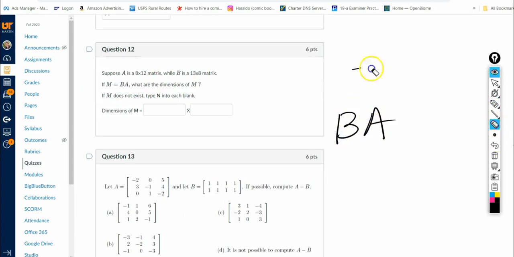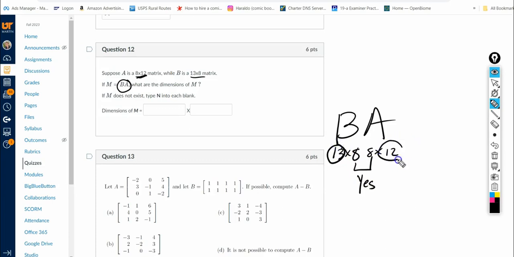So we're looking for B times A. So B is a 13 by 8 and A is an 8 by 12. Now, is B times A defined? Well, the inside numbers are the same. So yes, it is defined, and it will be whatever the outside numbers are. So it'll be a 13 by 12.